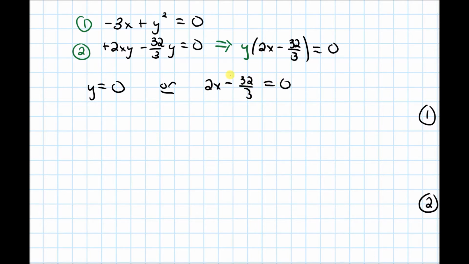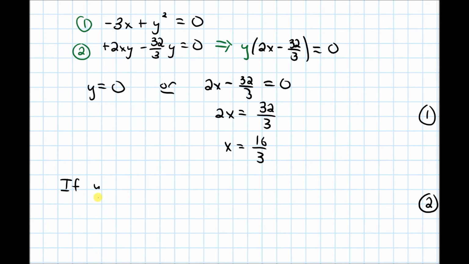So let's solve this equation. So I get 2x equals positive 32 over 3. And then if I divide by 2, we get x equals 16 over 3. So we have these two possibilities, either y is 0 or x is 16 over 3. That's what we got from the second equation. So let's take these and plug them into the first equation.